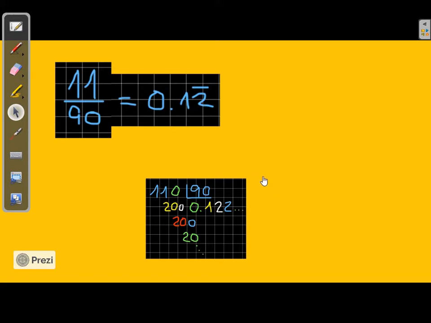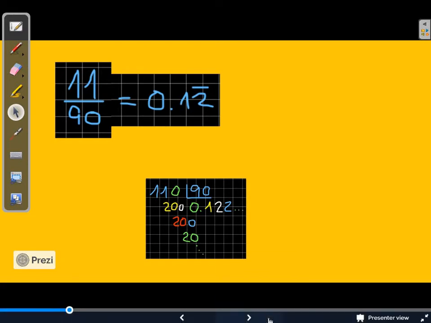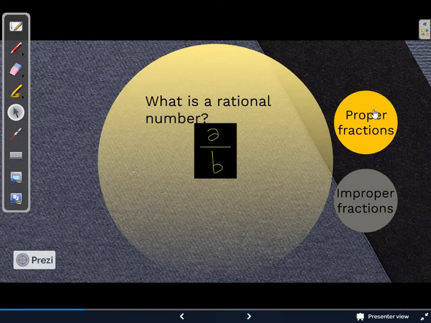So it's a little bit strange, and as you can see, rational numbers can lead us to several kinds of decimal numbers. Finite decimal numbers, like the one that we previously saw, 3/4 equals 0.75, 2/3 equal to 0.6 periodic, and 0.12 periodic.